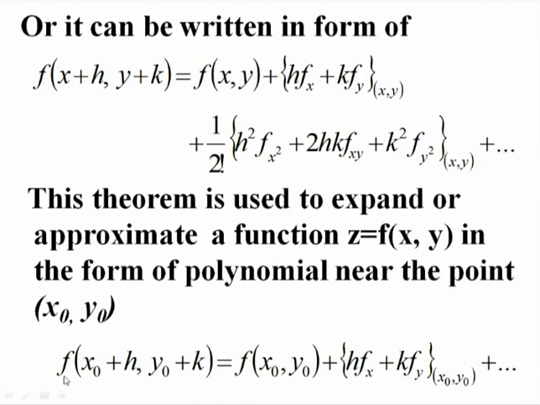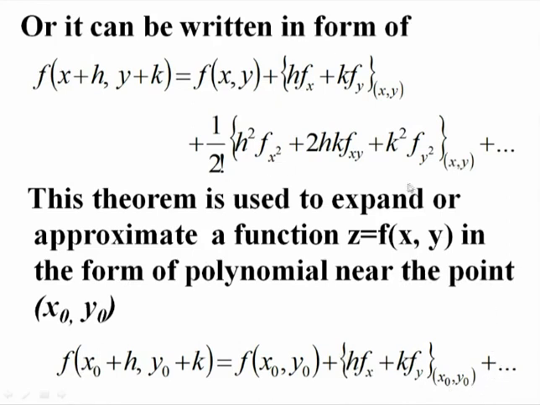So we can write f of x0 plus h comma y0 plus k is equal to f of x0 comma y0 plus h into fx, the partial derivative of f with respect to x, plus k into fy, the partial derivative of f with respect to y at the given point x0, y0, and the remaining terms can be written very easily.